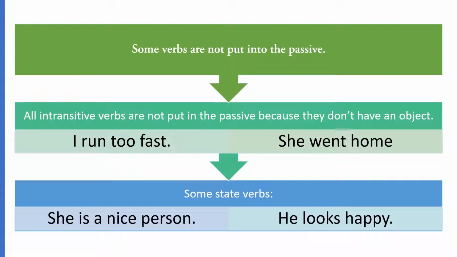We can't put it into the passive voice. But with some of these verbs, if the meaning changes, especially looks, it can be put into the passive voice. But now we are not dealing with that, so we will just move to understand the passive voice. The rule is important, especially for beginners or for intermediate students who want to understand how to use the passive voice. So let's continue.